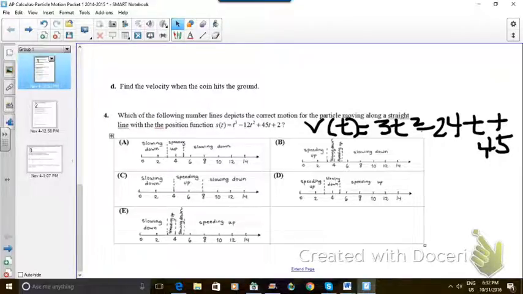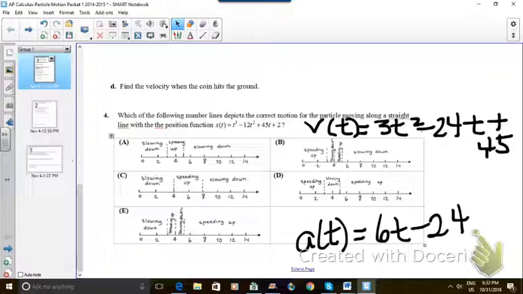Figure out some values for that and then look to see a of t. I guess I would also look at here, 6t minus 24. I would plug in some values.